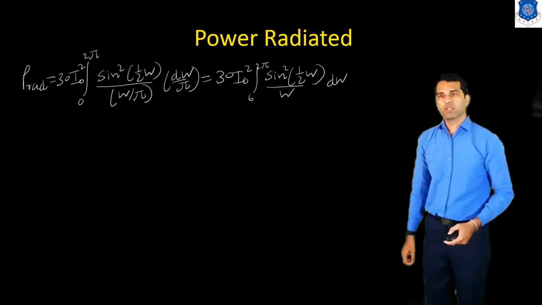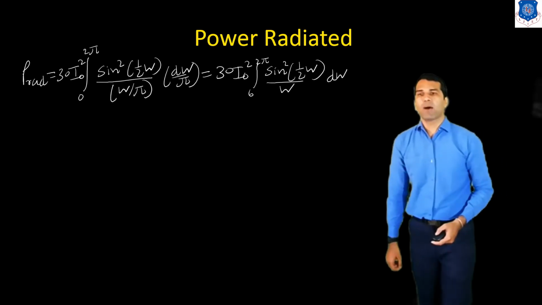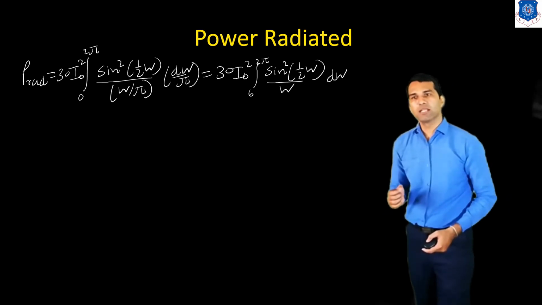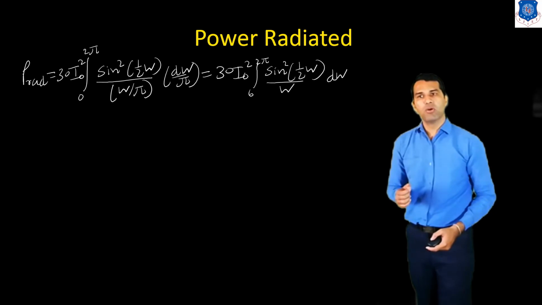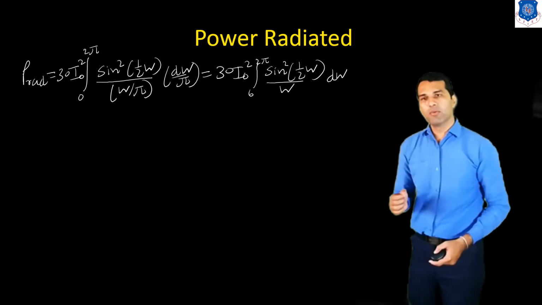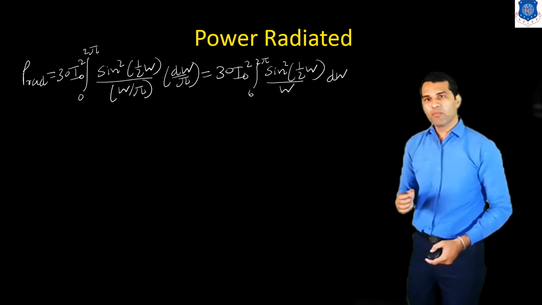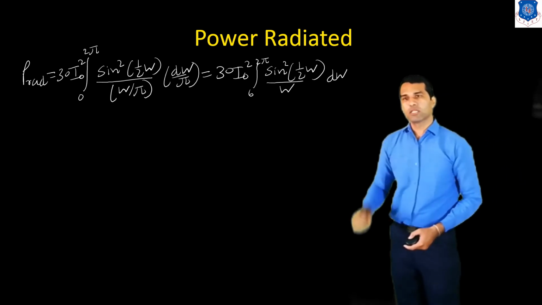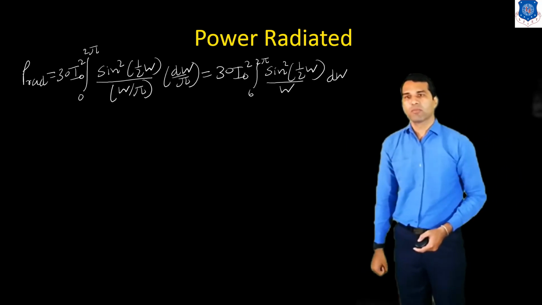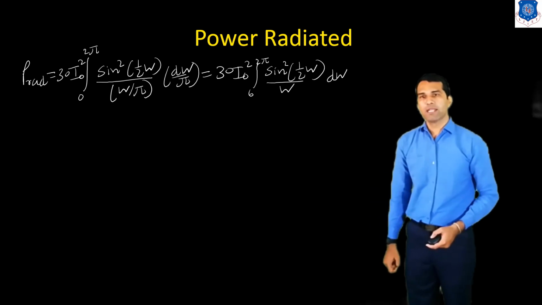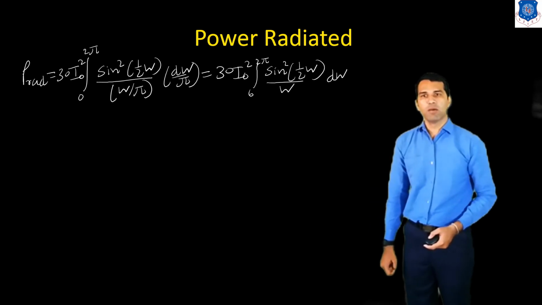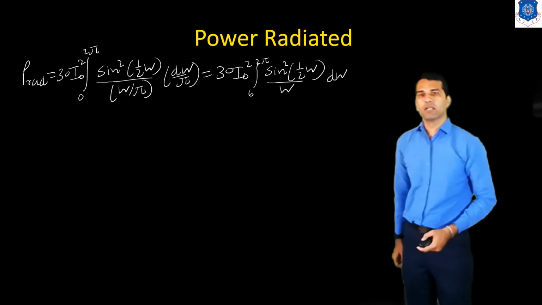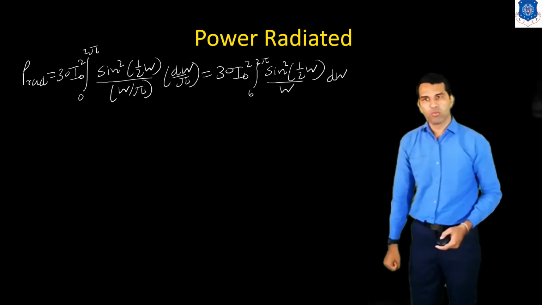So now we put this in, and we get the power radiated is equal to 30 I0 square, integral from 0 to 2 pi, sin square (1/2 w) by pi, dw by pi. So now we solve this equation. 30 I0 square is common, and to simplify this we get it upon w into dw.